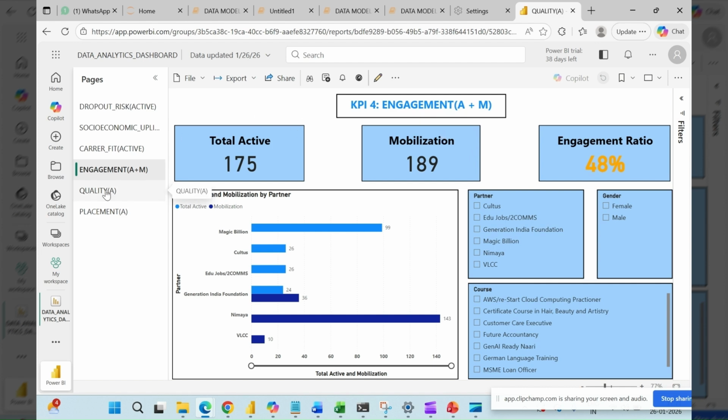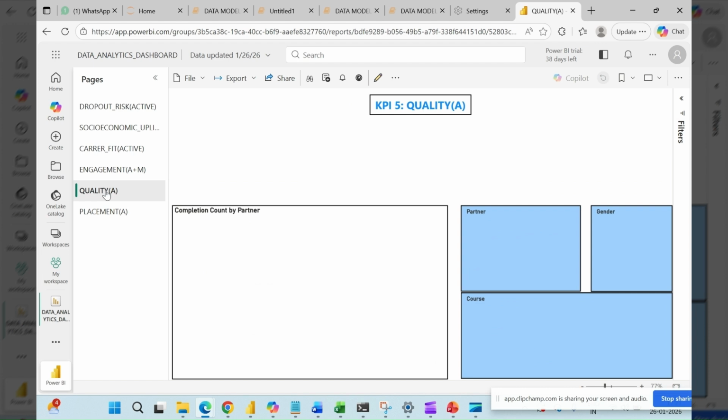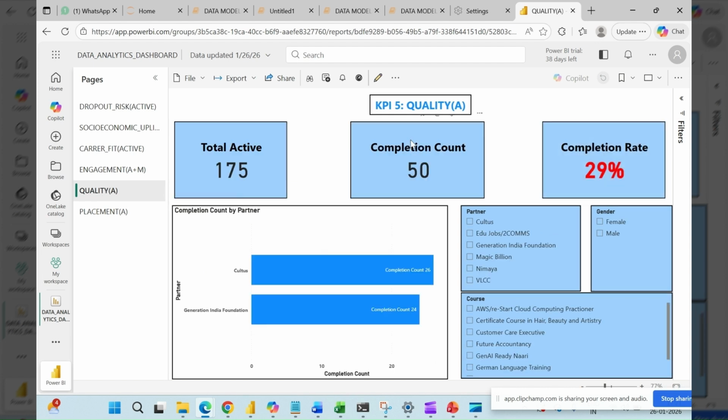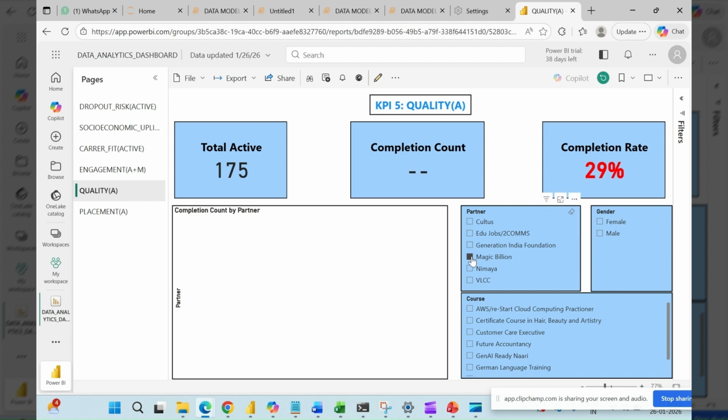Let me go towards the quality report, that is KPI number 5. This report is showing completion count. As we know that only two batches have been completed, so we can see here, if I click Magic Billion, it will show not completed, Nimaya not completed, VLCC not completed.